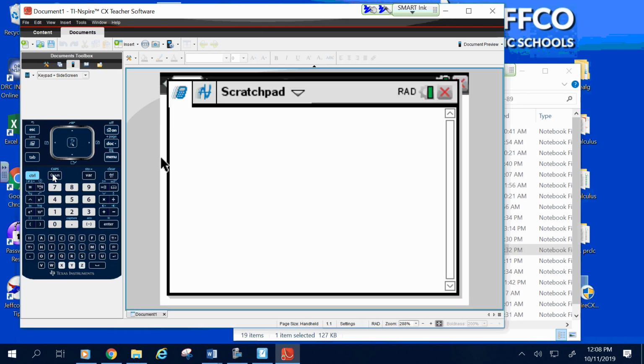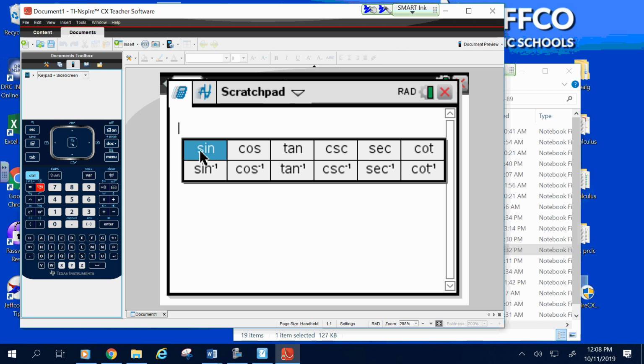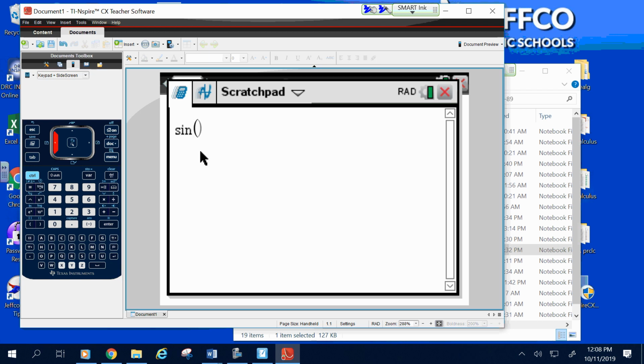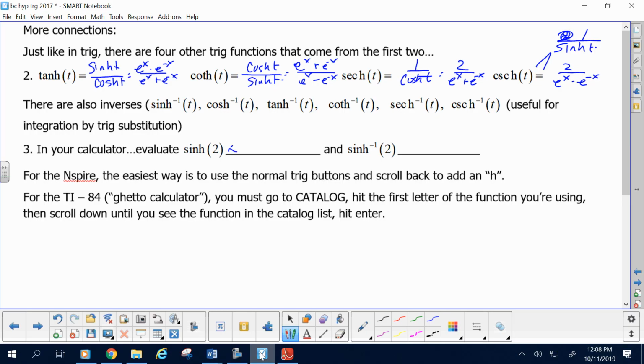Okay, so you get 3.628. Okay, what about inverse hyperbolic sine, or inverse sinh, of 2?